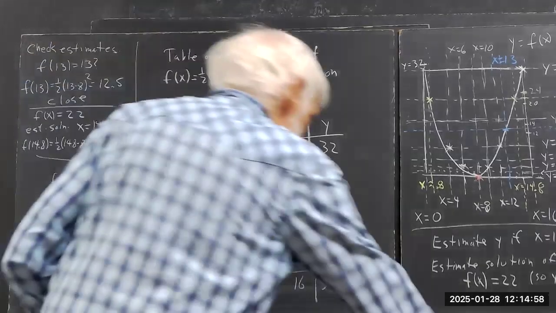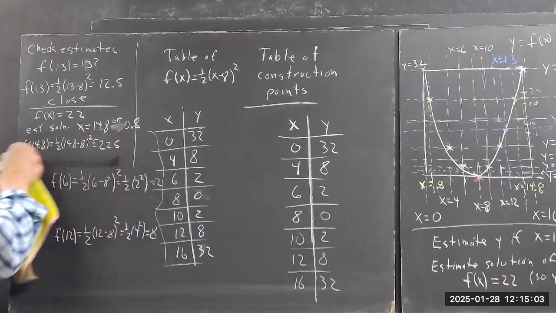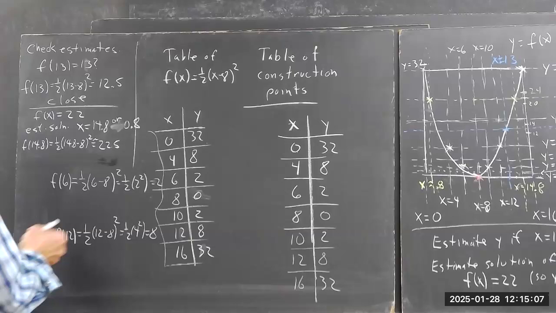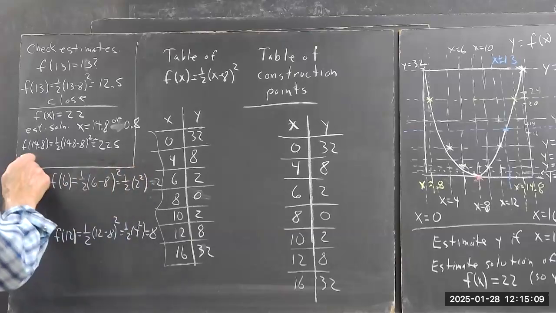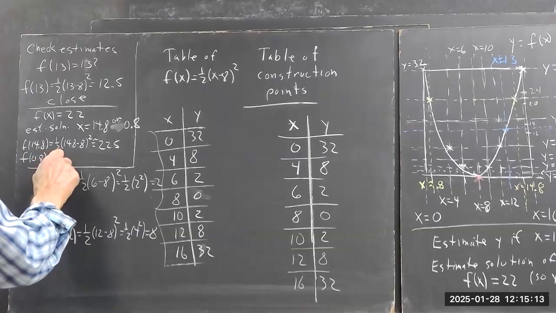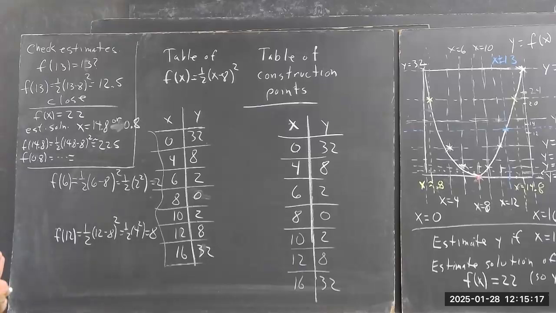I need a little more room. Get rid of my line here. For the other solution, 0.8, I'm just going to put a couple of dots down there. I'll calculate it. You get 7.4 squared.